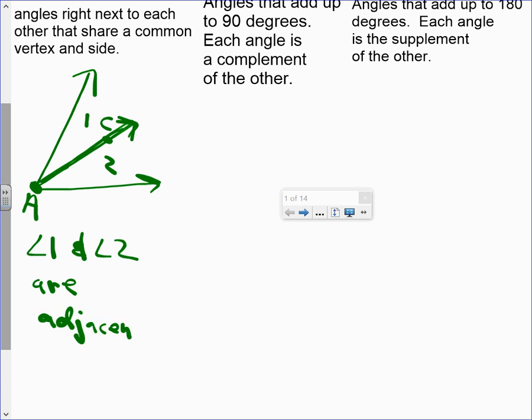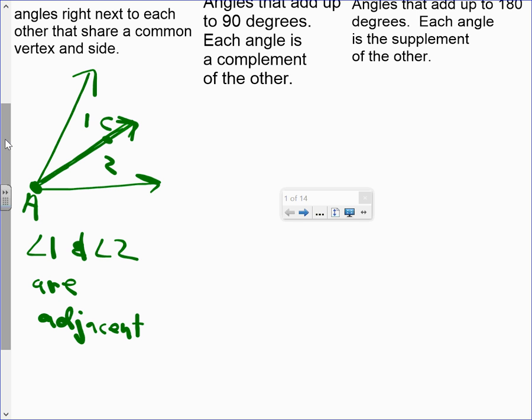And this word adjacent, it's pretty common in just English conversation. Things that are adjacent are things that are right next to each other. For instance, the teacher that's to the left of me over here, who's this teacher? Rios.